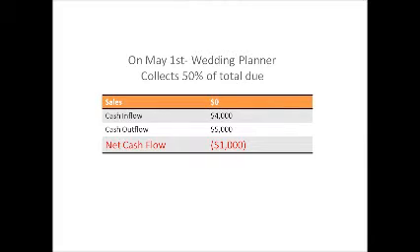And during the month of May, you've only collected $4,000 and spent $5,000. So at the end of May, you have a net cash flow of negative $1,000. Does that make sense?